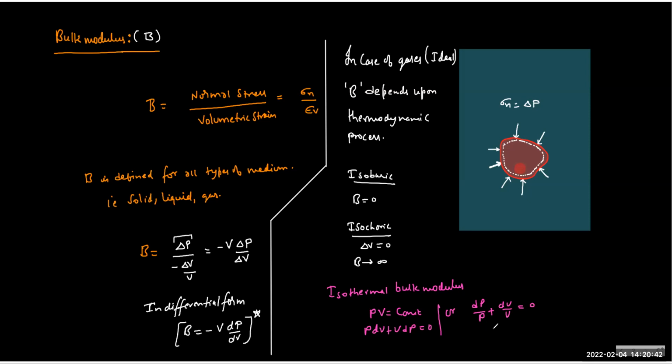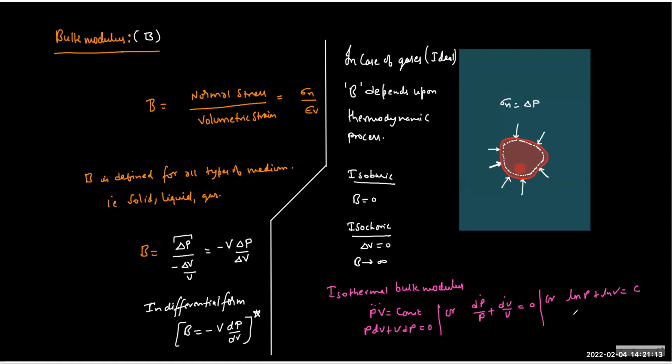You just write the fraction of each term which are multiplied. So we have two terms multiplied, so we write the two terms' fractions, and the multiplication becomes summation. That's the interesting part. And whenever we have a product of numbers, you can take the log on both sides to make it a summation. So the third method is taking log on both sides: ln P plus ln V equals constant, because ln of a constant is a constant.